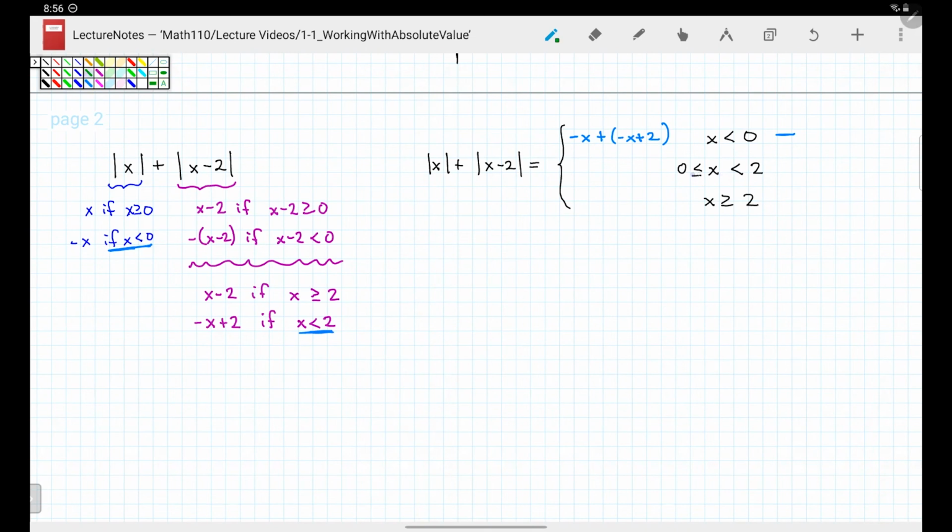If x is greater than or equal to 0 and less than 2, then that means for the absolute value of x, we are in the greater than or equal to 0 portion, and for x minus 2, we are in the less than 2 portion. So the absolute value of x is x, and the absolute value of x minus 2 in this case is negative x plus 2.